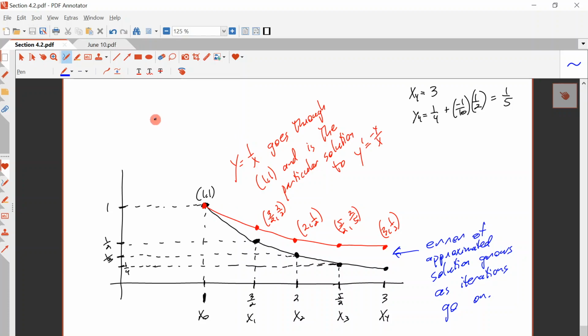And you'll see why that error grows. I mean, here's y equals 1 over x, right? And the slope at any given point is here. It is underneath. That's concave up. So the tangent line is underneath it. So when you use that tangent line to approximate the next point, it's underneath the curve. And then you use the tangent line again to approximate, and you're underneath the curve.